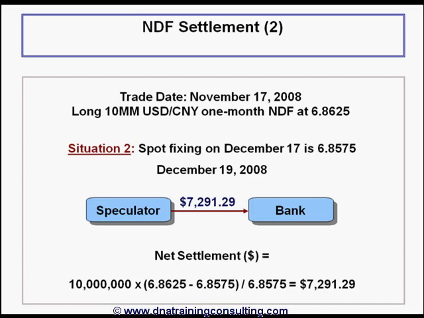Note, incidentally, the small difference in the two US dollar net settlement amounts, which results directly from the fact that the yuan differential inside the parentheses is equal in both cases, but is being divided by different spot rates for conversion into US dollars.